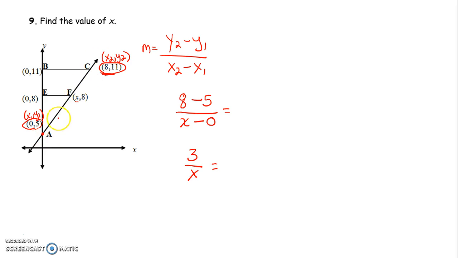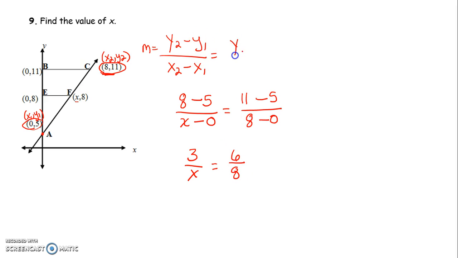If they all lie on the same line, the slope has to match. So now I'm going to call this y2. y2 would be 11 minus y1, which is 5, over x2, which is 8, minus x1, which is 0. So now I have 11 minus 5 is 6 over 8 minus 0 is 8.